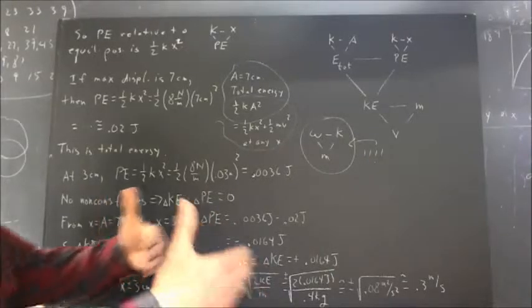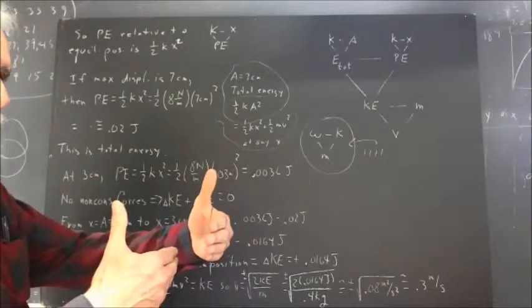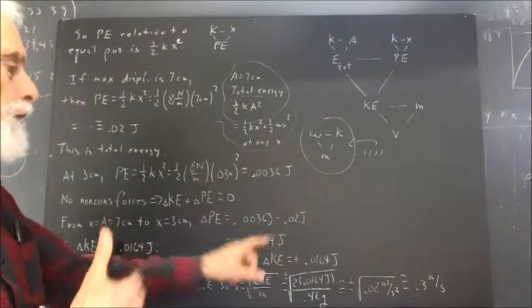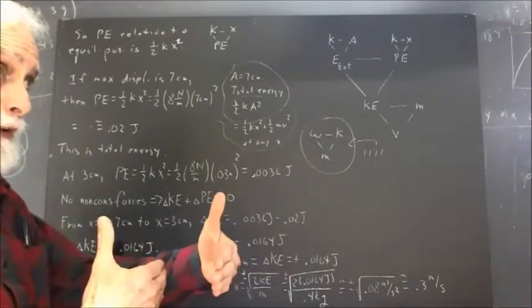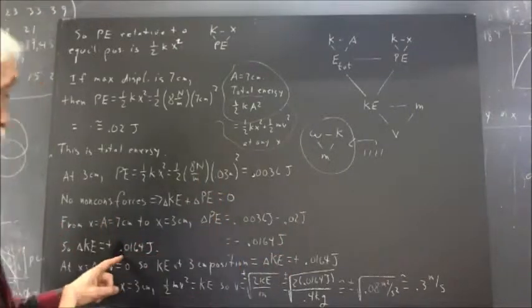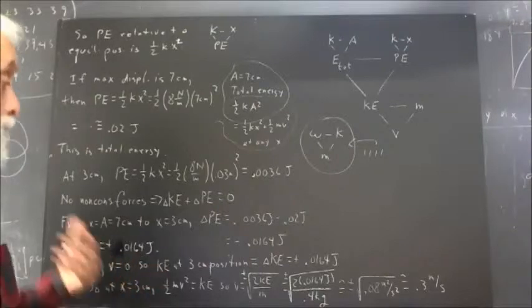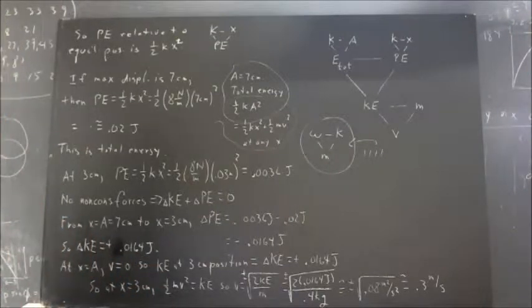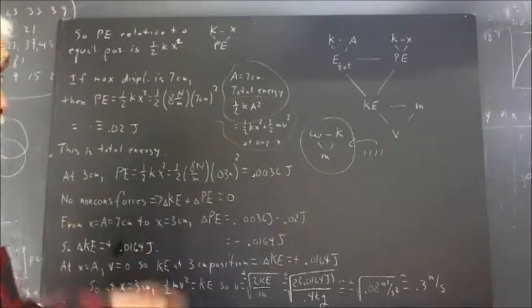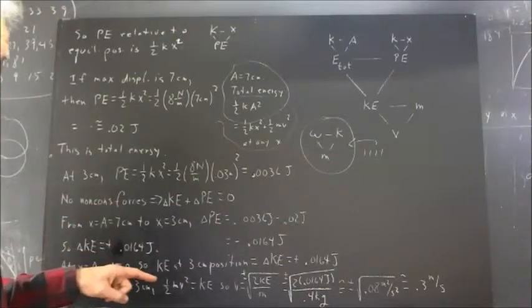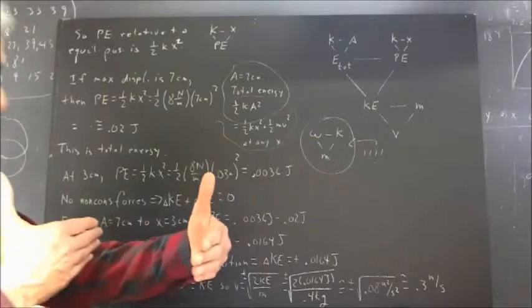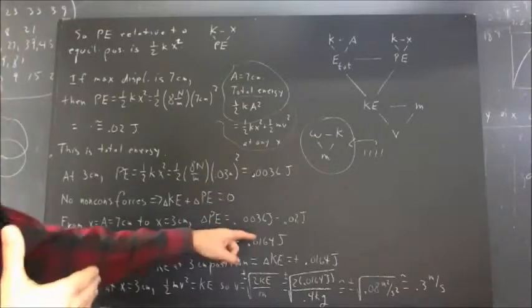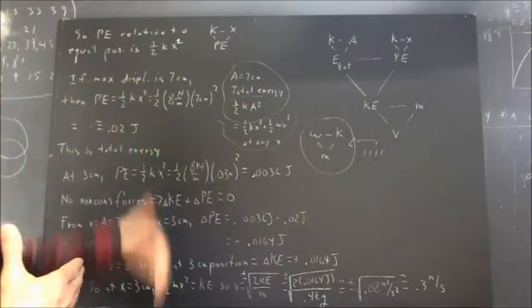Okay, again, from maximum displacement to the 3 centimeter position, we've lost 0.0164 joules of potential energy, so we've gained 0.0164 joules of kinetic energy. Now, how much kinetic energy do we therefore have at the 3 centimeter position? Well, at the maximum displacement, our potential energy was, of course, 0.02 joules.